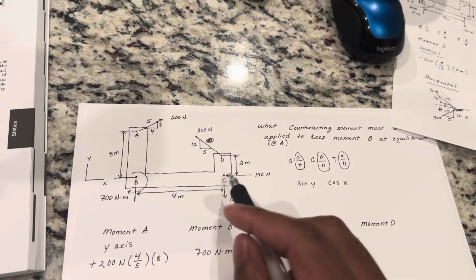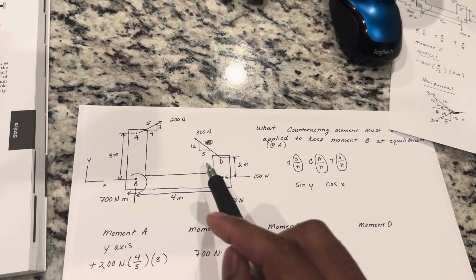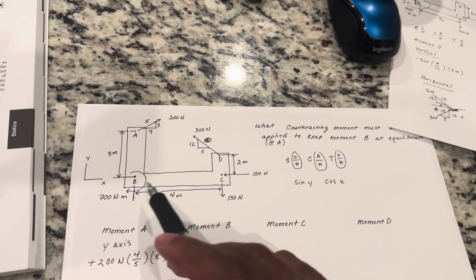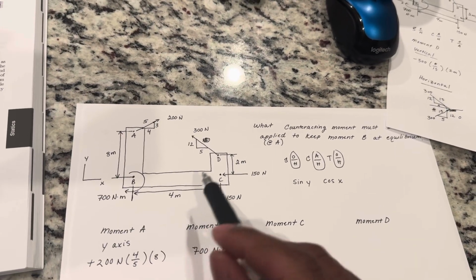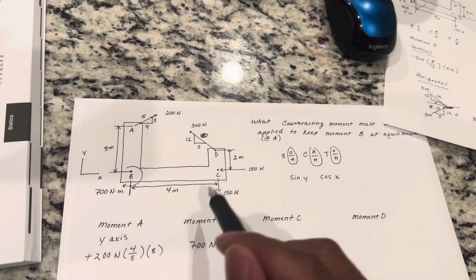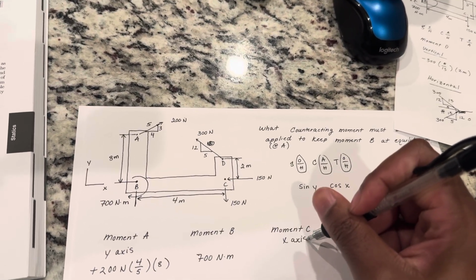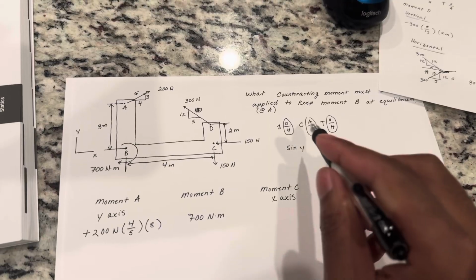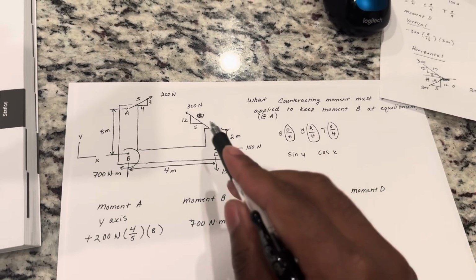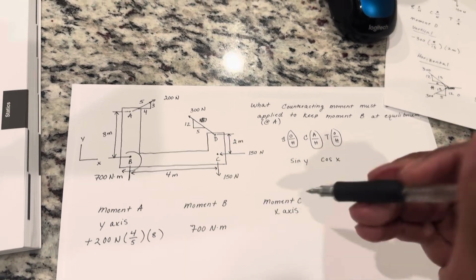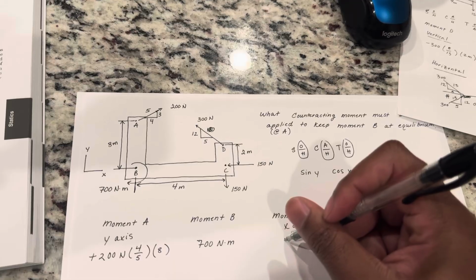There's no slope here; it's in line with B, so we only have one component, and that is the x-axis. With there not being a slope, we do not need any of this right here, so we don't have to deal with any triangles. So this would be 150.